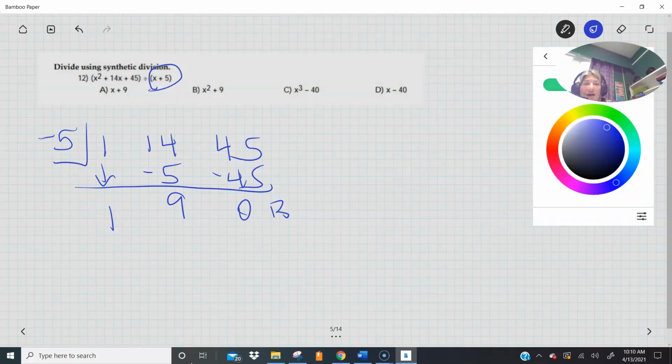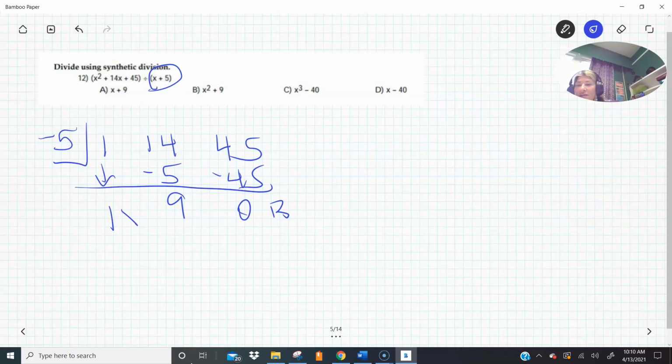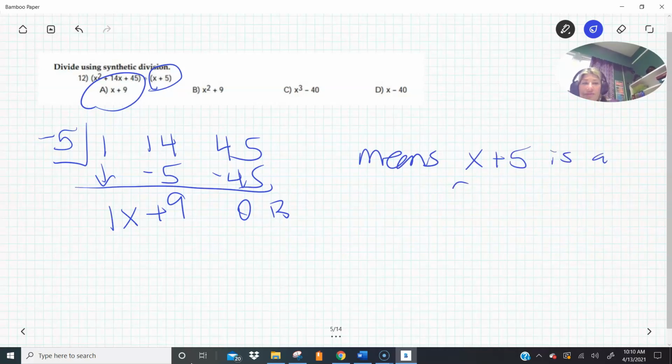Using your depressed polynomial idea, if this started out x squared, then this is going to be x plus 9 with a remainder of 0. The best answer is A. And this means that x plus 5 is a factor. Also means that negative 5 is a 0, or x-intercept, or root.